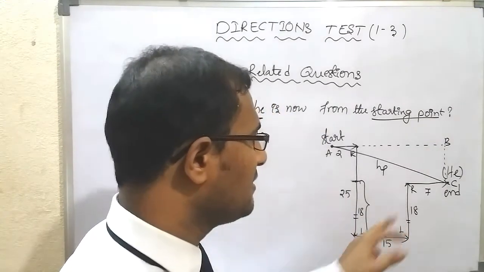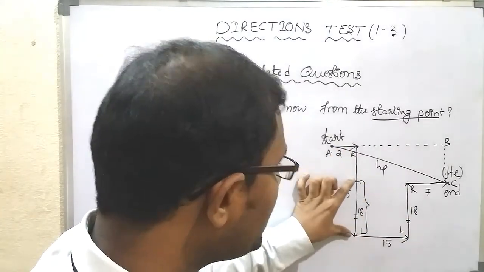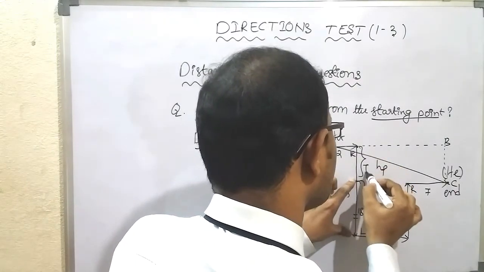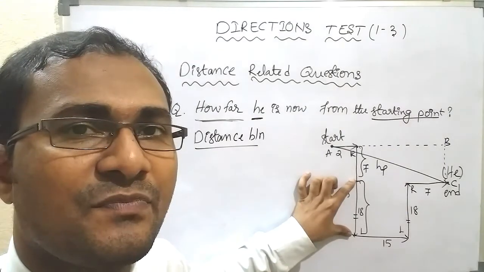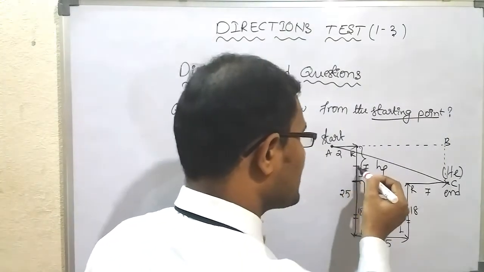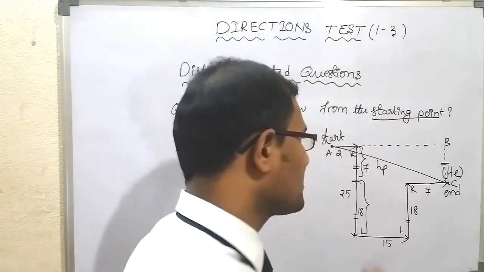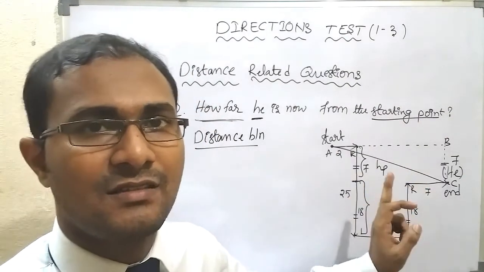This is 18, this is 18. Out of 25, up to here if it is 18, what should be this distance? Definitely 7, in order to satisfy 25, right? So this line and this line are both the same. So what is that? 7. We got the base as 7.